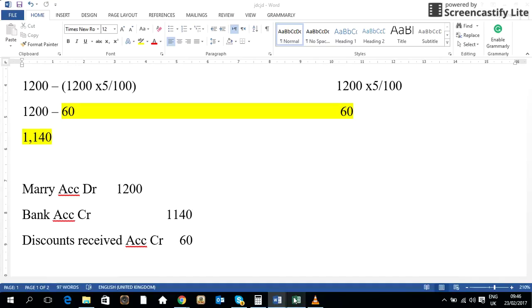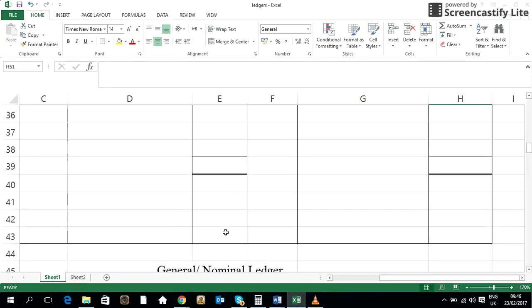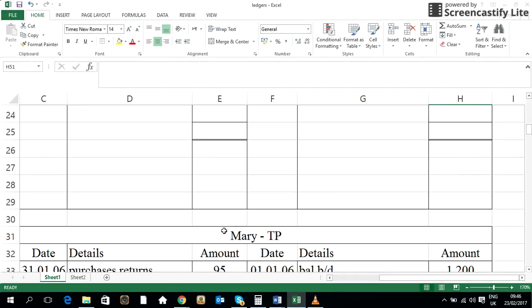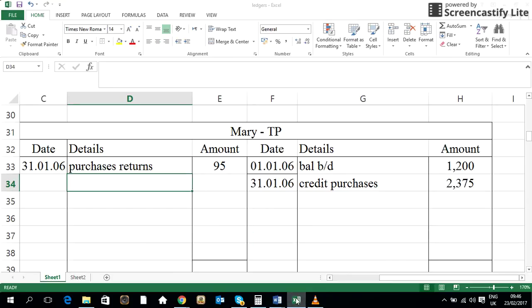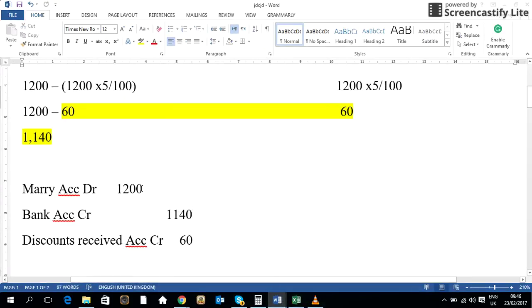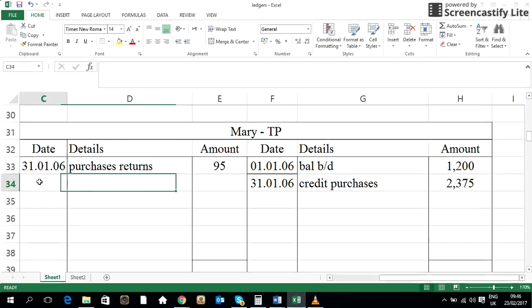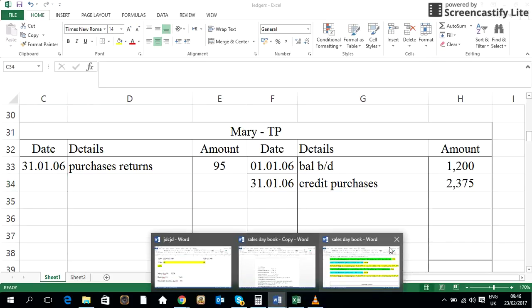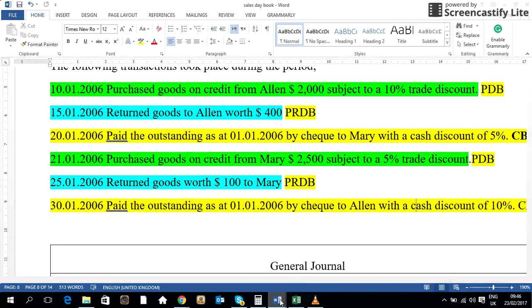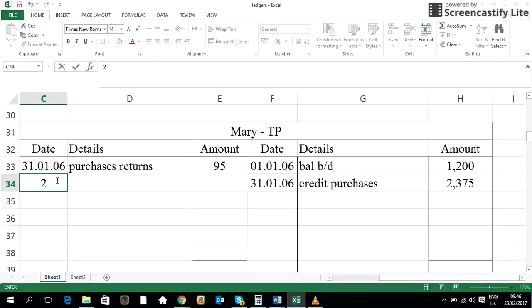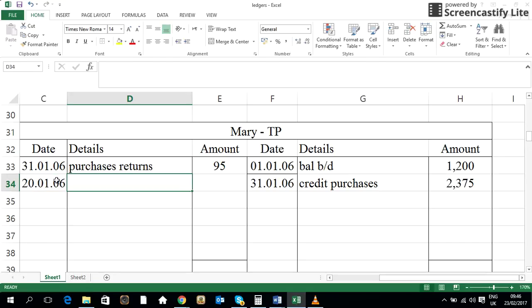Now let's see how to post this entry to the ledger. So this will affect Mary's account. The double entry would be Mary's account debit 1,200. So you go to Mary's account and the date was on 20th. Let's go to Mary's account. 21/06 was the day that you made the payment. You had paid by check as well as you have received discounts.